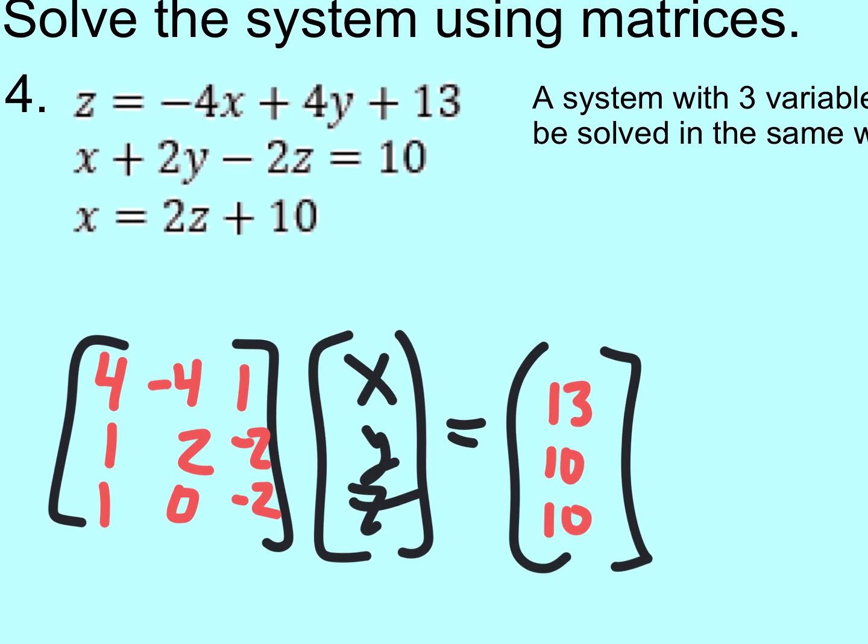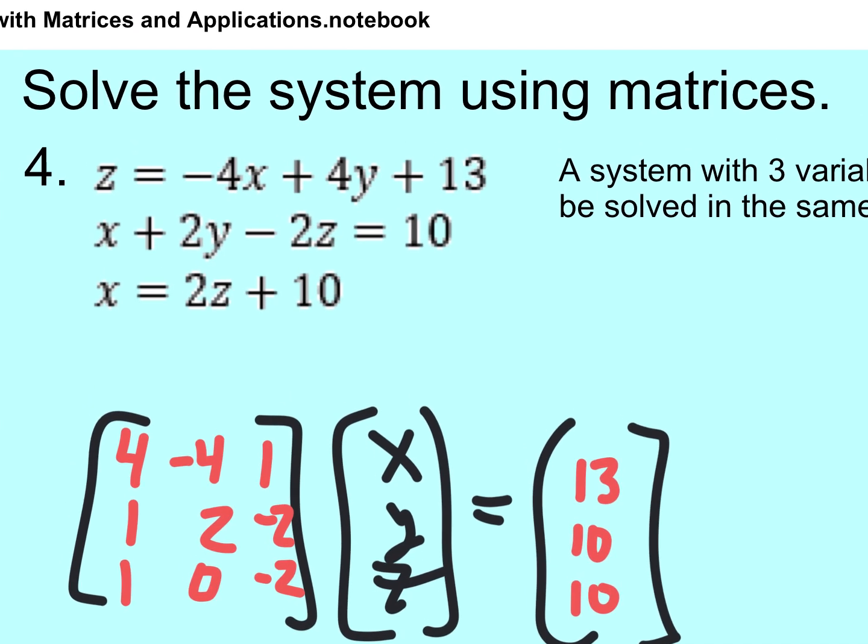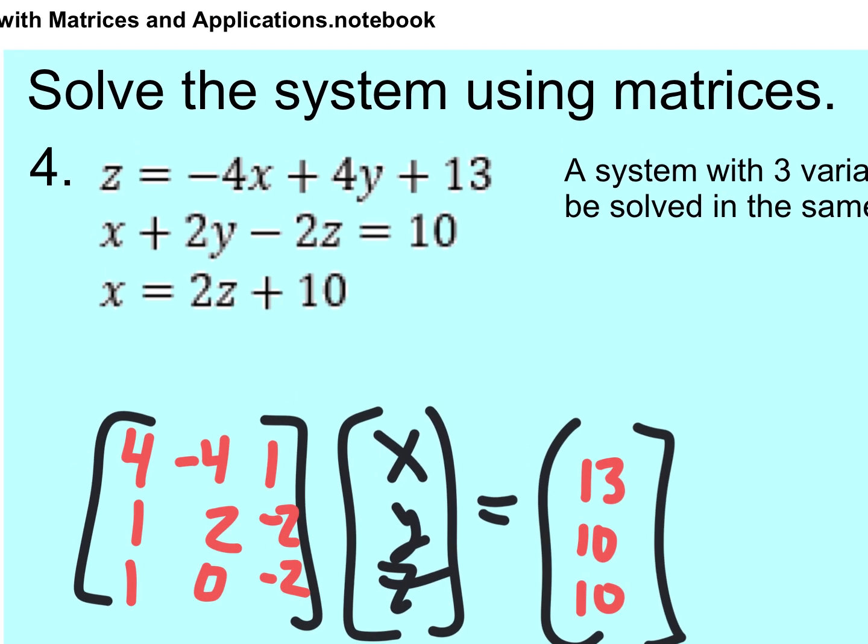I believe I have it. If you can double check yours against mine, anybody verify that you got the same thing as me? Bunch of people are nodding. Okay. Now, if you're wondering how did you get those numbers to be different, they were different negative-wise than what I had. Well, you have to move this over to the left side. And you have to move this over to the left side.